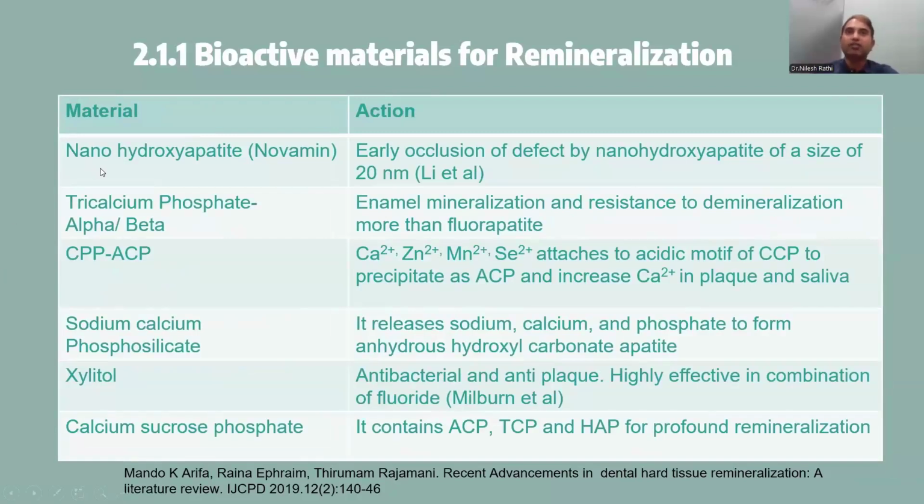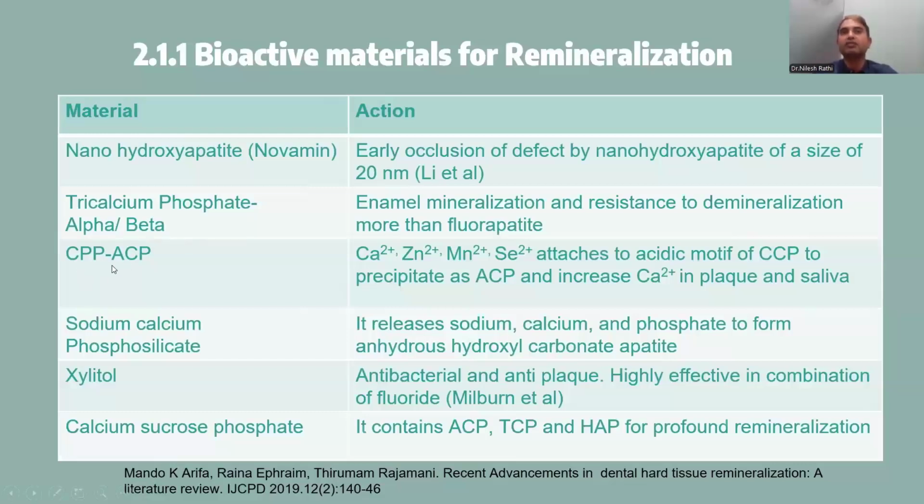There are more methods and materials which will help us to have remineralization. They are nano hydroxyapatite crystals, that is NovaMin, a patented technology. Early occlusion of the defect by nano hydroxyapatite crystals of size 20 nanometers will help us to have better condensation and adhesion of the enamel which has lost some amount of the inorganic substance. Then we have tricalcium phosphate, which can be in alpha or beta phase.